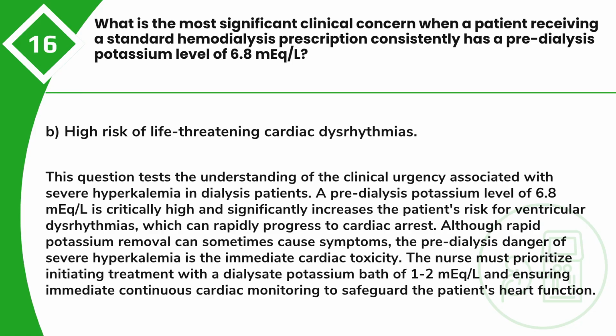Although rapid potassium removal can sometimes cause symptoms, the pre-dialysis danger of severe hyperkalemia is the immediate cardiac toxicity. The nurse must prioritize initiating treatment with a dialysate potassium bath of 1 to 2 milliequivalent/L and ensuring immediate continuous cardiac monitoring to safeguard the patient's heart function.